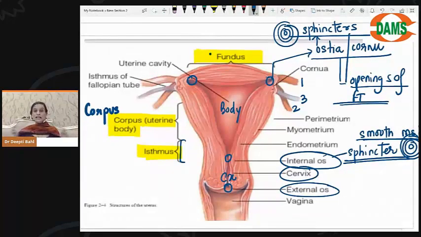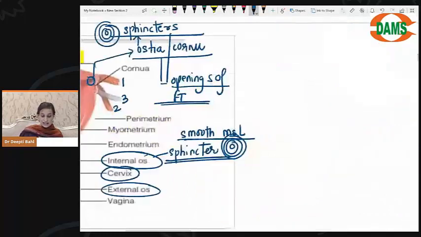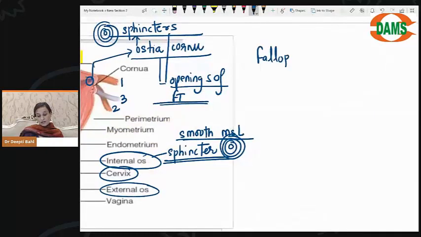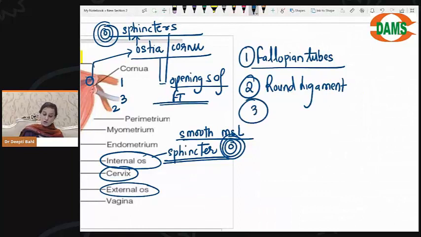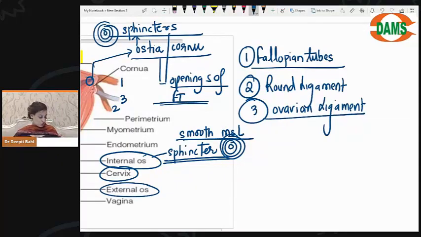These are the fallopian tube, round ligament, and ovarian ligament. So at the upper end, three structures are attached: fallopian tube, round ligament, and ovarian ligament.